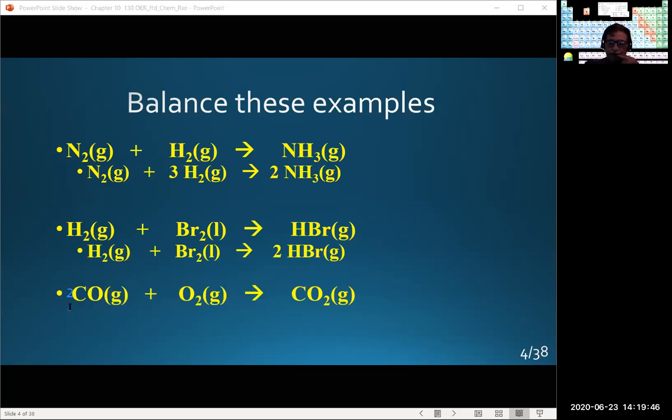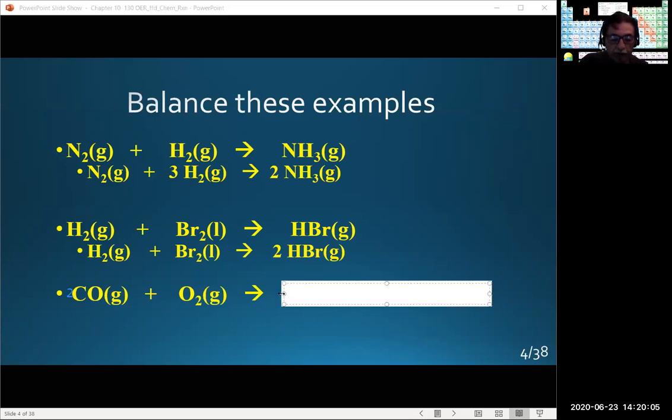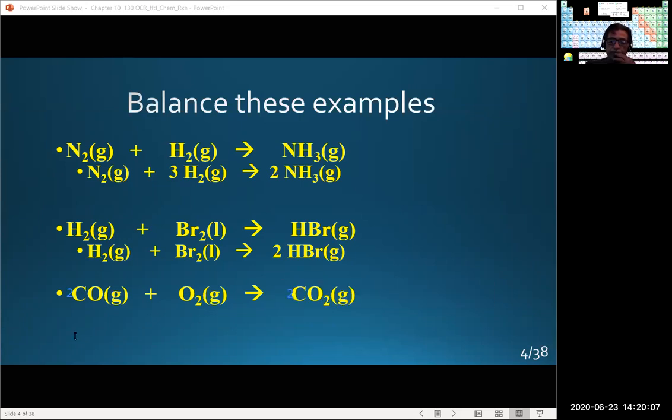Well, now that gives me an even number of oxygens. Now I got 2 oxygens in carbon monoxide and 2 in oxygen. But it increased my carbon. So what if I go back now to balance my carbon and I put a 2 in front of carbon dioxide?